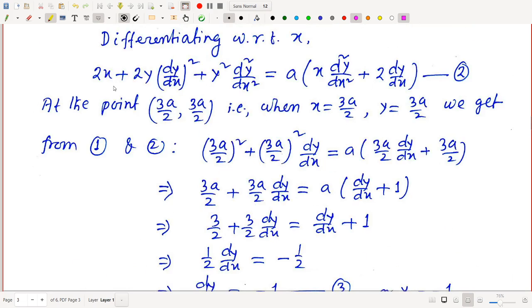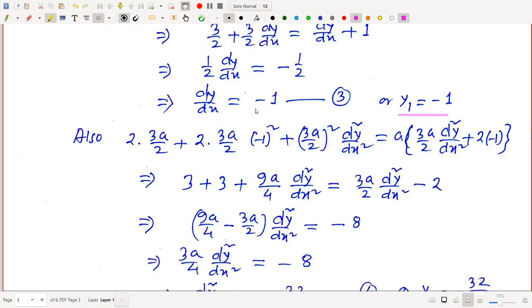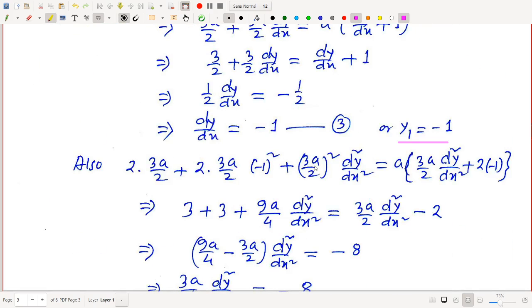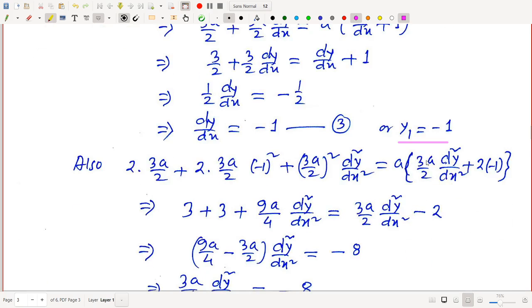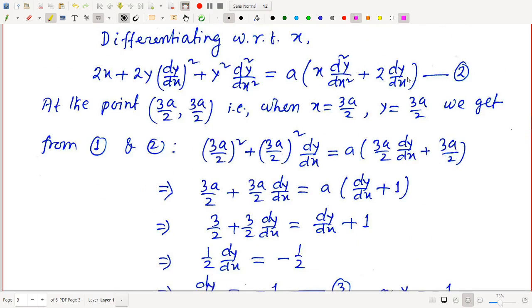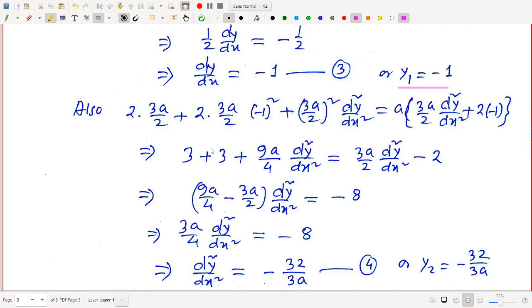So what we get, just putting 2 into 3a by 2 plus 2 into 3a by 2 into dy by dx square, but dy by dx we have got is minus 1, so minus 1 square, plus y square, means 3a by 2 square into d square y by dx square, equal to a into x into d square y by dx square, so x means 3a by 2, plus 2 into dy by dx which is minus 1 we got, in line number 3.